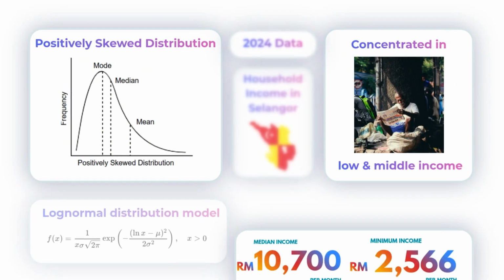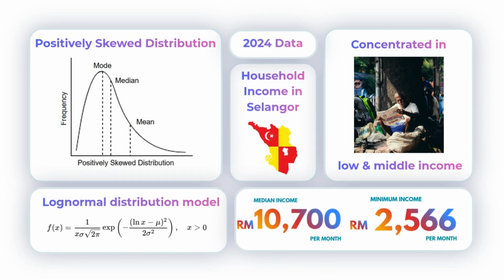In conclusion, this study demonstrates that household income in Selangor follows a positively skewed distribution and exhibits characteristics consistent with a log-normal distribution model. Most households are concentrated within the lower and middle income ranges, while a smaller proportion earn substantially higher incomes.